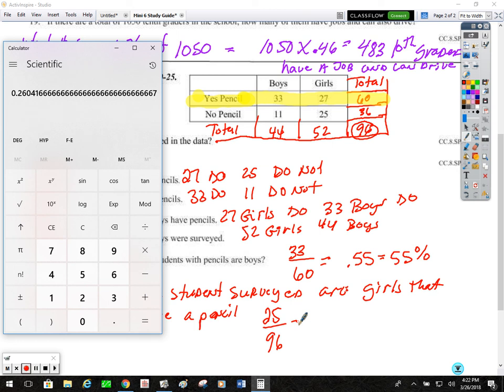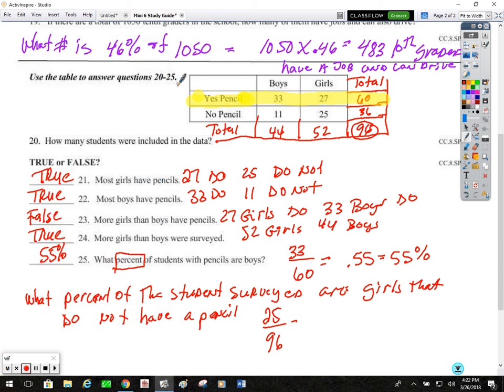And if we move the decimal 2 places to the right, so it'll be 26%. Okay, so 26% of the students that were surveyed are girls that do not have a pencil.